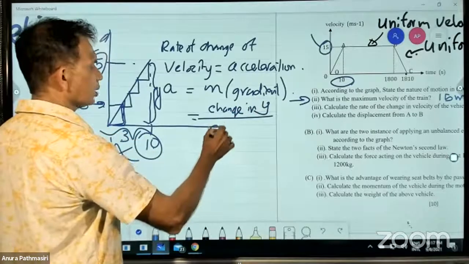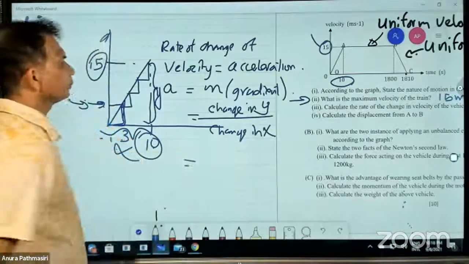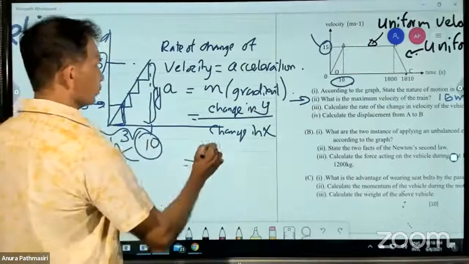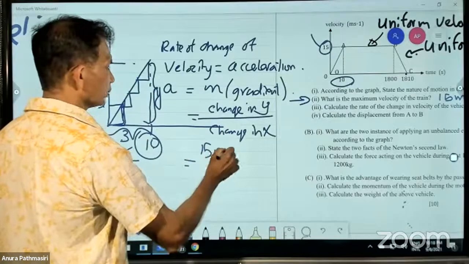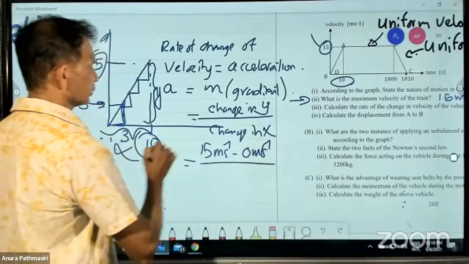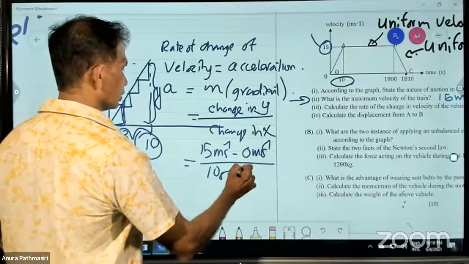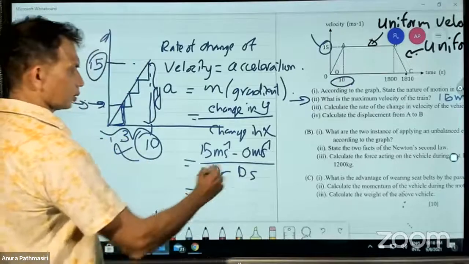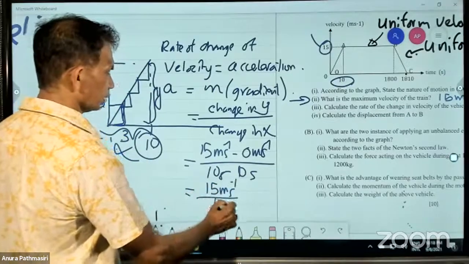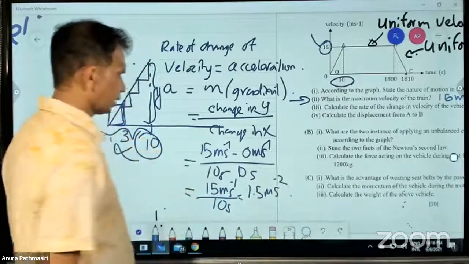Here the change in y is 15 meters per second minus 0 meters per second, and the change in x is 10 seconds minus 0 seconds. So you get 15 meters per second upon 10 seconds, 1.5 meters per square second.